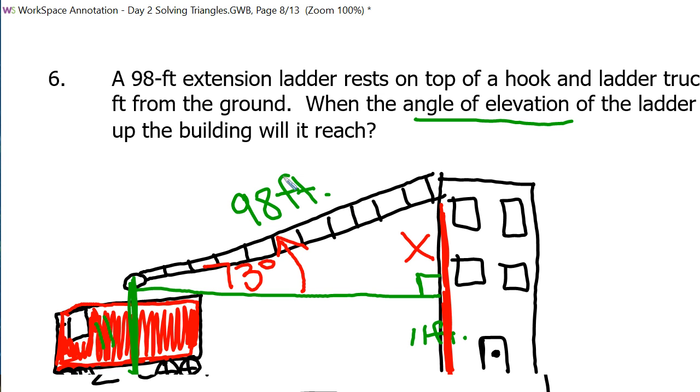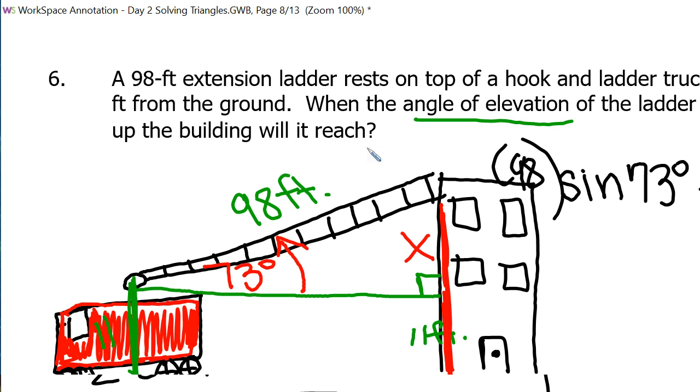We have the opposite side and the hypotenuse. So this would be sine of 73 degrees is equal to the opposite side, x, over the hypotenuse, 98. Multiply both sides by 98. And 98 times the sine of 73 degrees is 93.7.